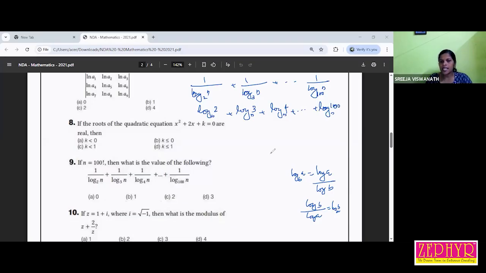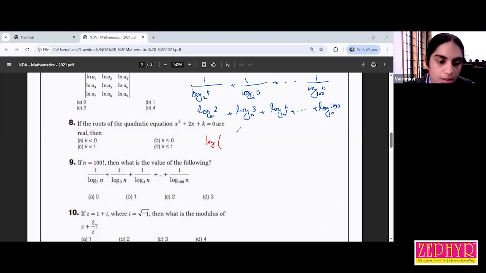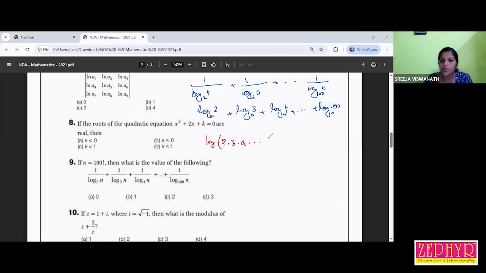Now the bases are same, log a plus log b plus log c. What is the formula? Log a plus log b is what? Log AB. So here log 2 into 3 into 4 into etc. up to 100. This is the 100 factorial. Log of 100 factorial.